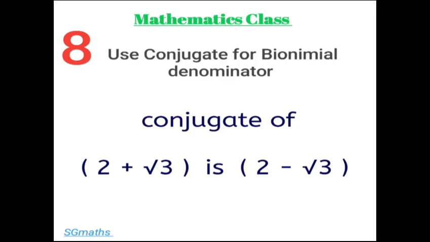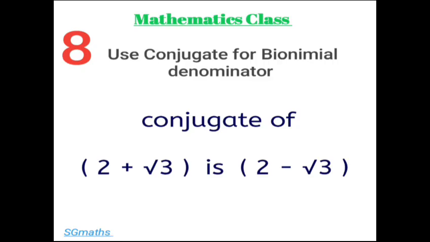Conjugate is taking the inverse of sign of a particular number. Let's see what I'm trying to say. Take 2 plus root 3. The conjugate of 2 plus root 3 is 2 minus root 3. That is the conjugate. And if it is minus, it will change to plus. That's how to take the conjugate of a number.